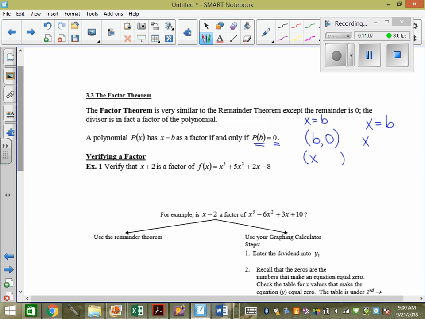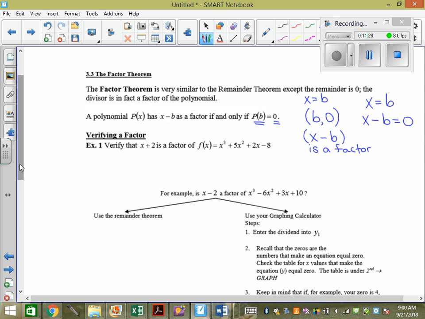Yep. x minus b equals 0. We agree? So if x equals b, the factor is x minus b. So this is a factor. You guys have always gone from the factor to the root, correct? You can go backwards, root to factor. So verify that x plus 2 is a factor.